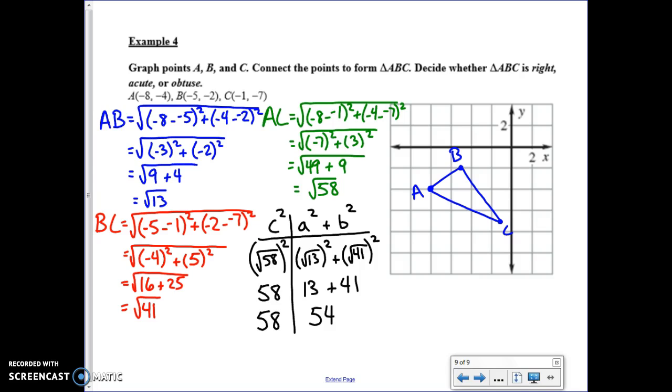And on the left-hand side, we have 58. So in this case, opening up to the bigger number, it opens to the left. That's a greater than symbol. Greater than symbol goes with obtuse. So yes, this formed a triangle by our graph, and it's an obtuse triangle.